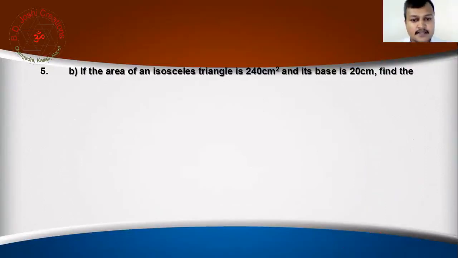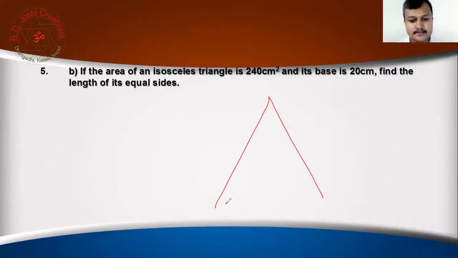Move to the next question, question number 5b. If the area of an isosceles triangle is 240 square centimeter and its base is 20 centimeter, find the length of the equal sides. In an isosceles triangle, two sides are equal.